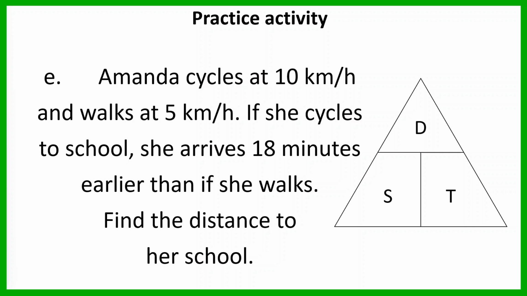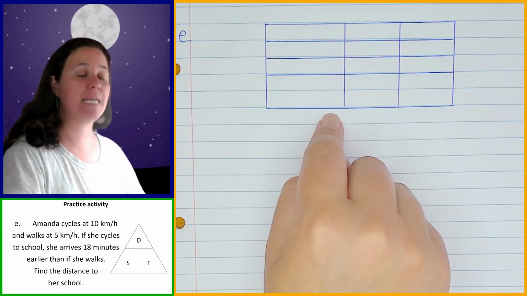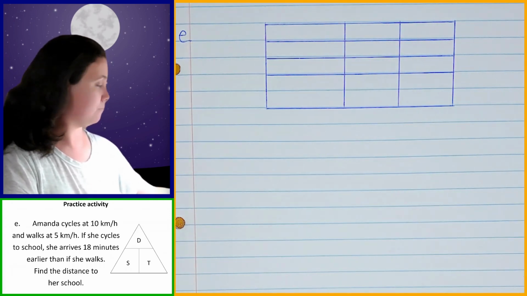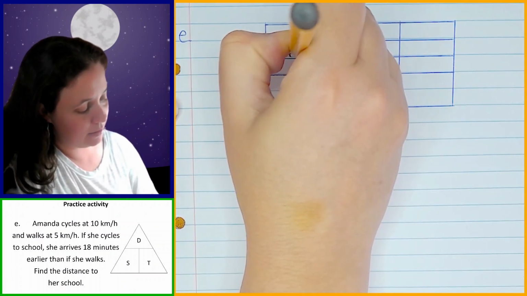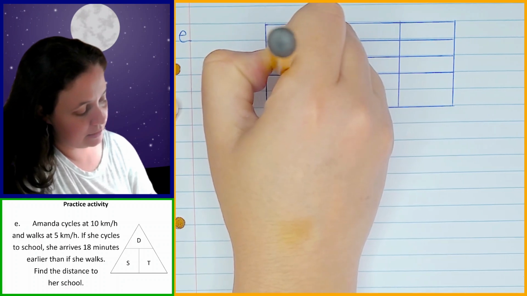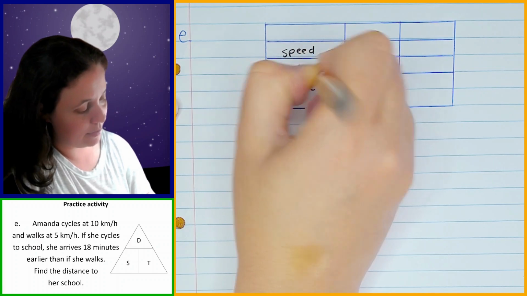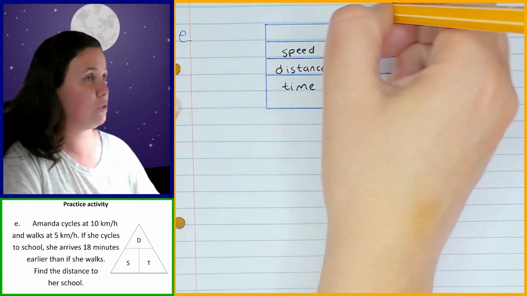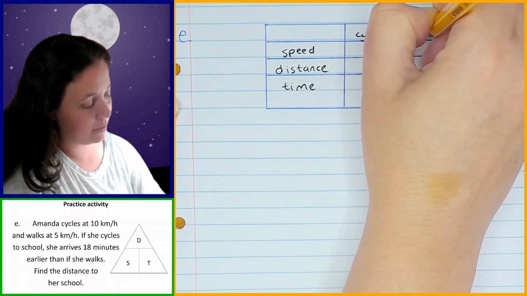Okay, so this is another example where I'm going to put everything in terms of x in the form of a table, because it's going to be easier to see what's going on. So over here, I've got my table. I'm going to have speed, distance, and time, and then the two different ways that she travels, which is cycling and walking.